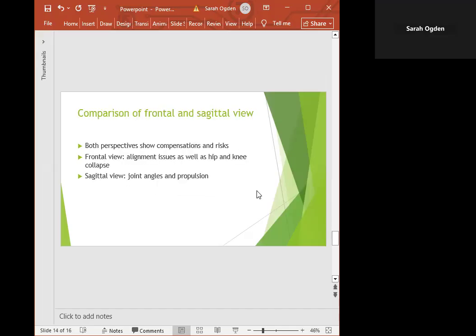So we just want to do a little comparison of the frontal and sagittal views that you can see in the video.